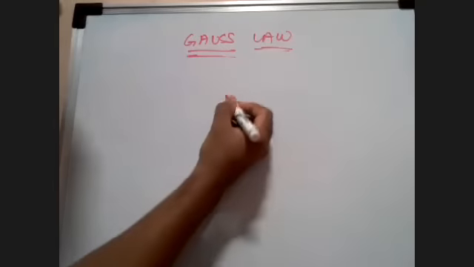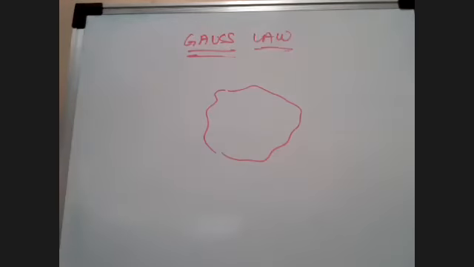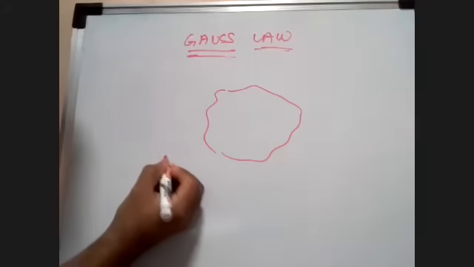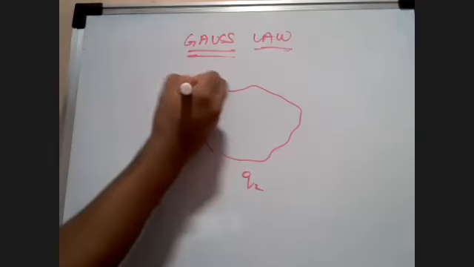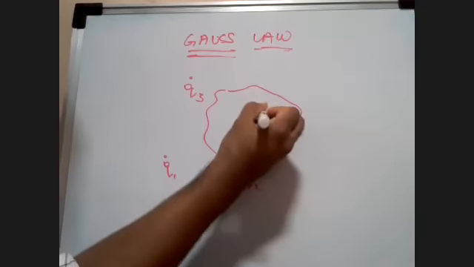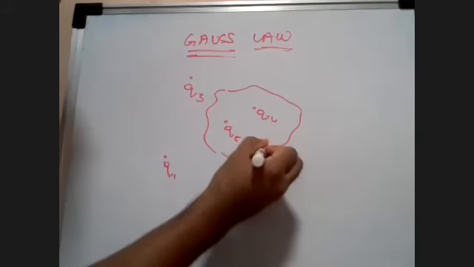Look here, this is one small misconception I want to clear. This is a small surface. There are many charges outside: Q1, Q2 here, Q3 here. There are some inside: Q4, Q5, Q6.